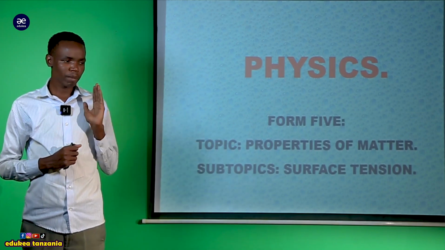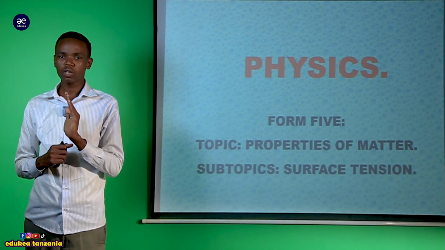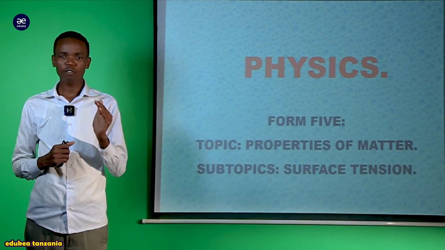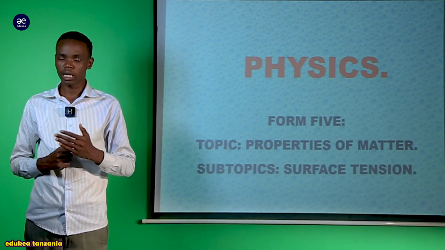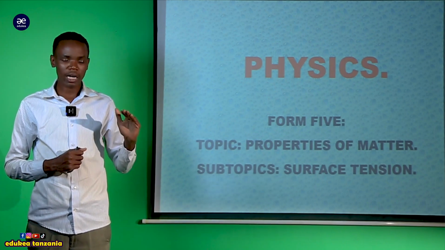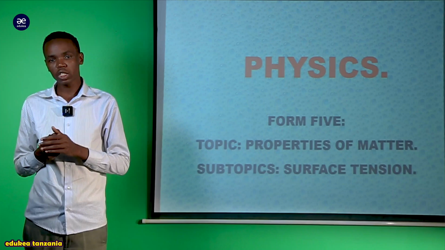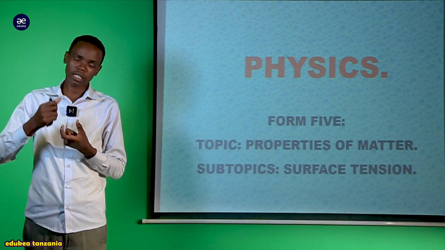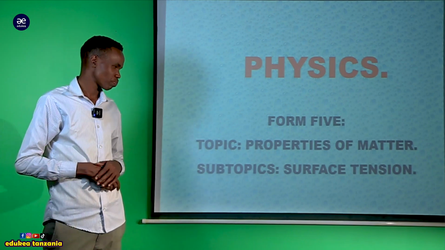We say that every liquid has its own properties, its own characteristics in the formation of the meniscus. Water forms a concave meniscus, while mercury forms a convex meniscus. That is what we looked at in the last session.